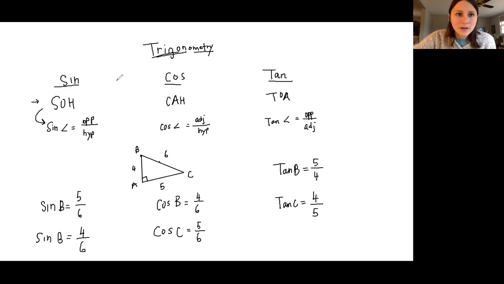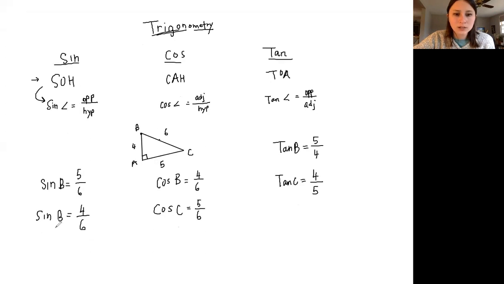So I'm going to solve for these few problems on the bottom. We'll do sine, cosine, tangent, okay? How would we find the actual angle that we're missing?